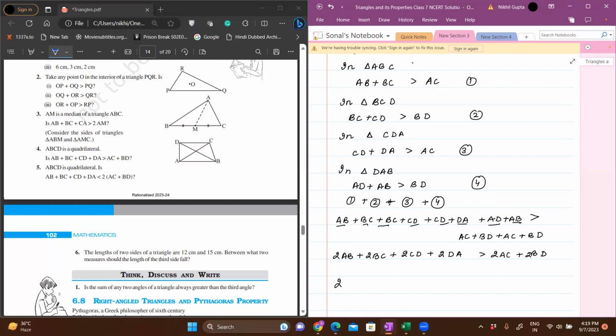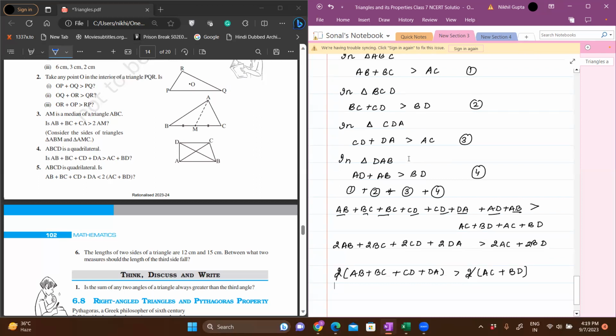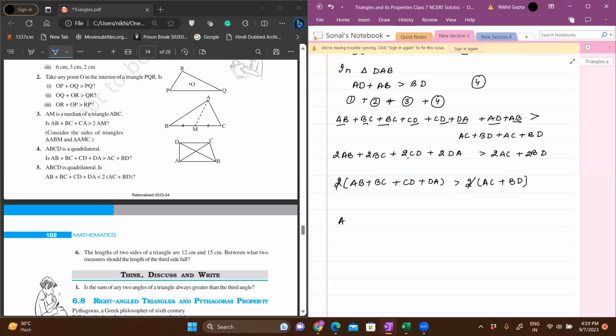You can take 2 common: AB plus BC plus CD plus DA within the bracket is greater than 2 times AC plus BD. And now you can just cancel 2 and 2 on both sides. So ultimately our answer comes out equal to AB plus BC plus CD plus DA is greater than AC plus BD, which is what is given to us. So it's hence true.